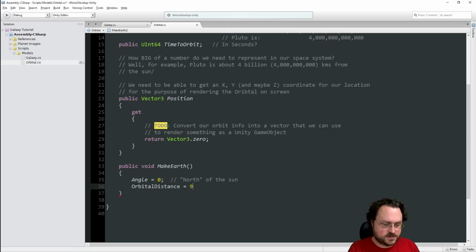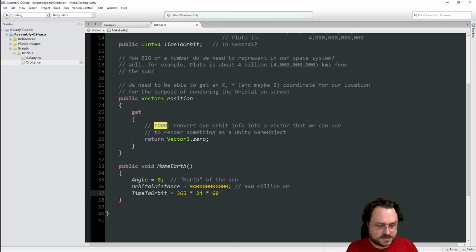So we say 940,000 million kilometers, or 940 billion meters. So that's our orbital distance. Our time to orbit, in seconds, is 365 days times 24 hours times 60 minutes times 60 seconds. There you go. That's our time to orbit.